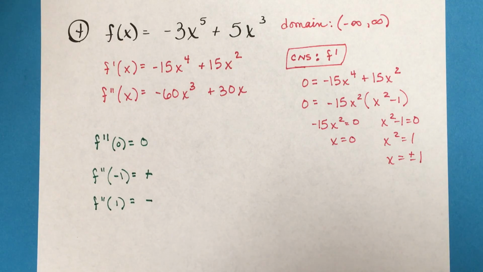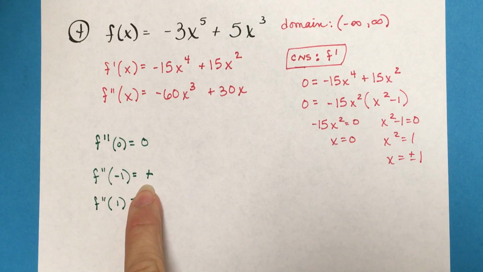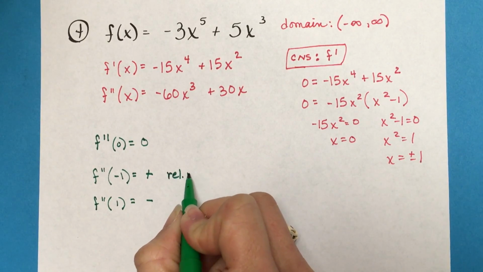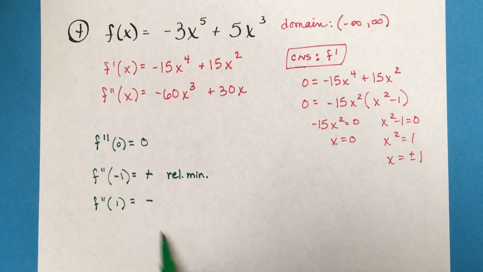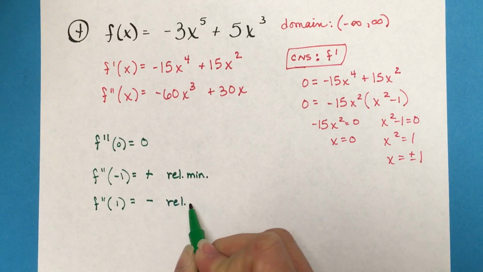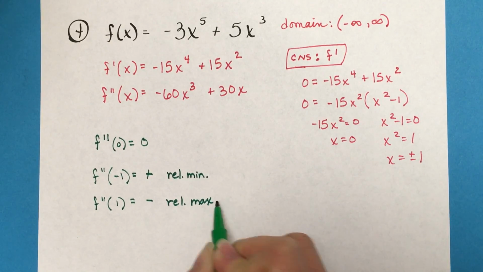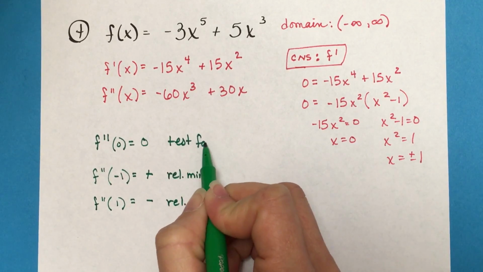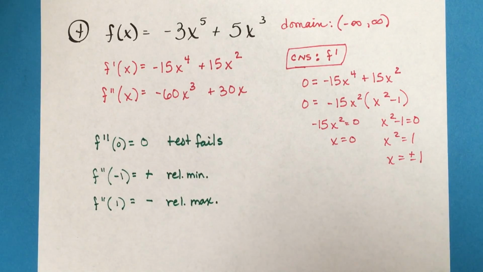Now, if you look back at your rules, one of the rules stated if your second derivative is greater than 0, then that's where you're going to have a min. So this indicates that you have a relative minimum. If your second derivative is less than 0, something negative, then that's going to be a relative maximum. And in this case, equals 0, remember, tells us that the test fails.